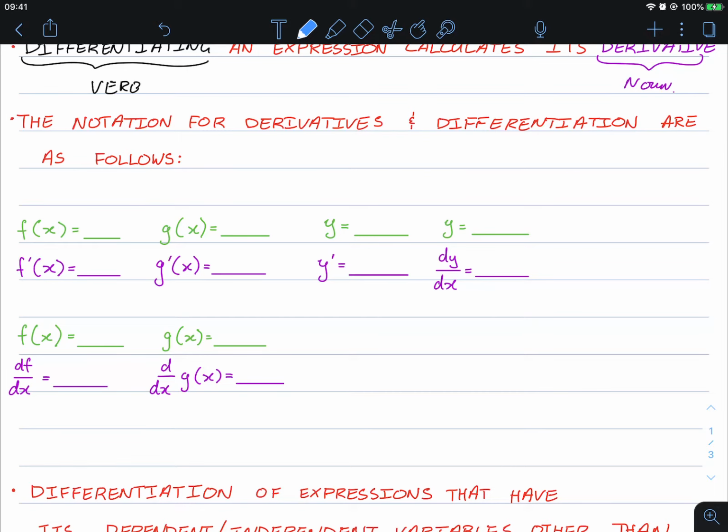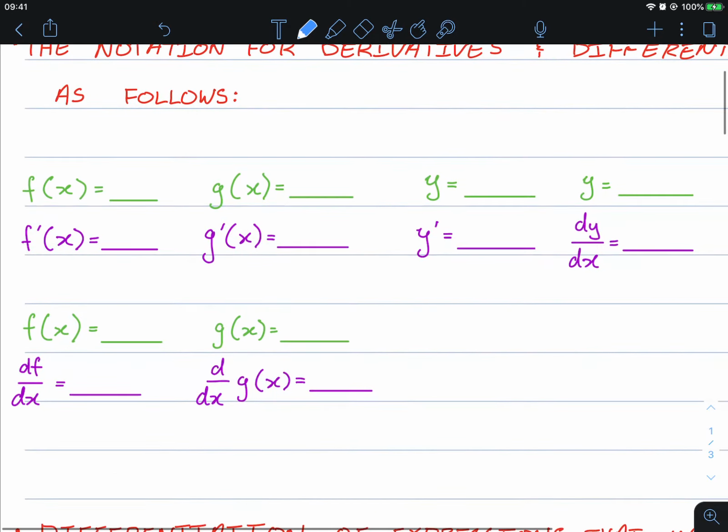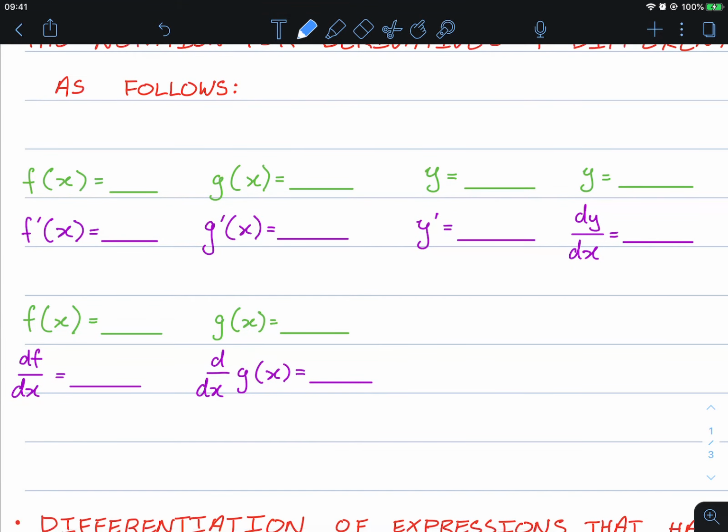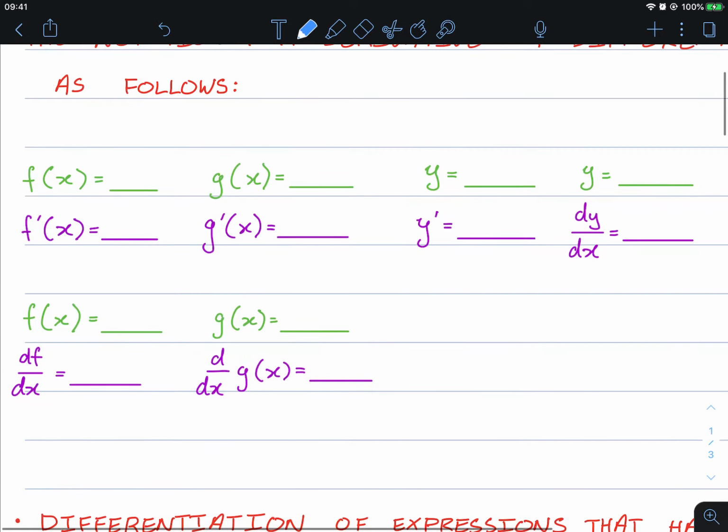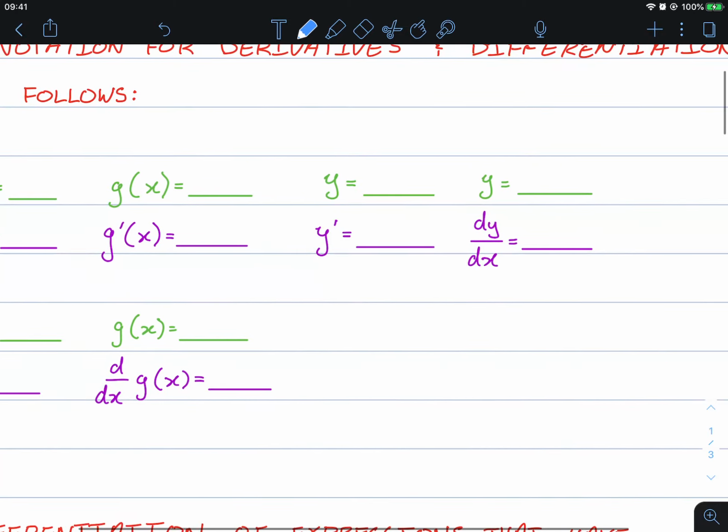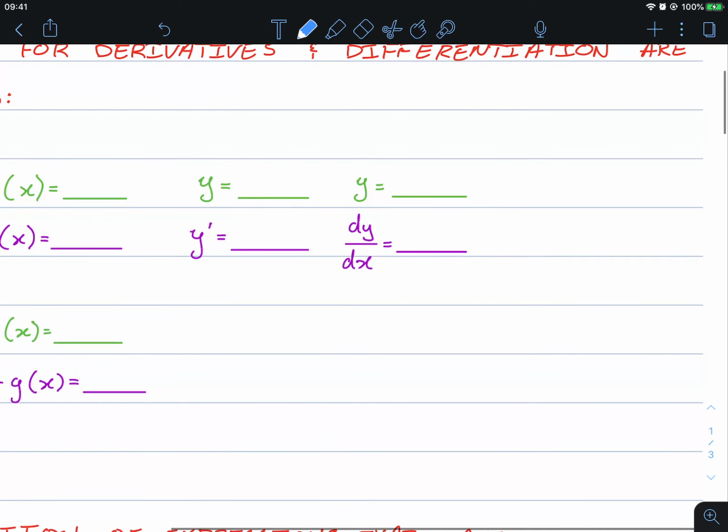So the different notations for derivatives and differentiation are as follows. We've seen these ones: f of x equals whatever it might be, f prime of x is the notation, but the act of moving from here to there is called differentiation. We've seen this notation, but another notation we might come across is just the y notation.